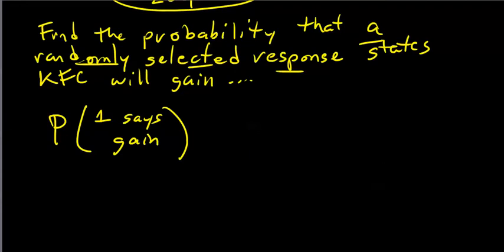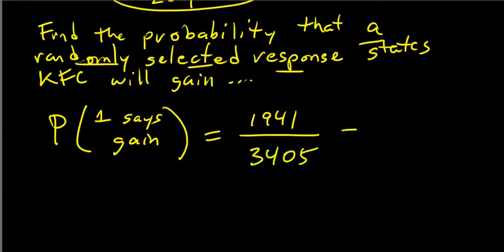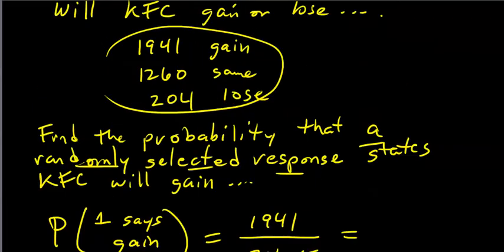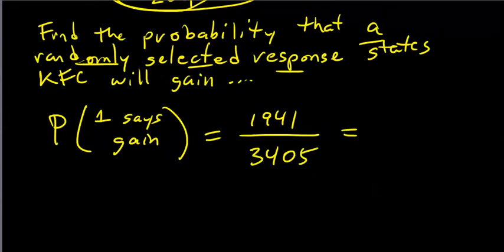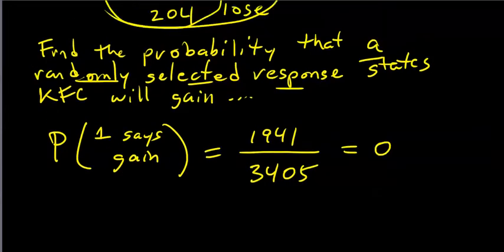The probability that 1 says there's going to be a gain, well, there's 1,941 ways to pick somebody that says there's going to be a gain, divided by 3,405 total respondents. And if you add these three values here, you'll get the total pool of available respondents, which is 3,405. If I divide that out, I get 0.570.